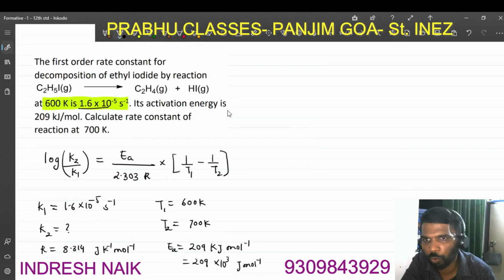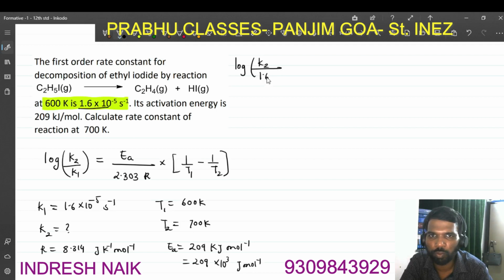So we'll substitute in this formula. What will come is log of K2, which we don't know, upon 1.6 into 10 raised to minus 5. We need to find that K2.